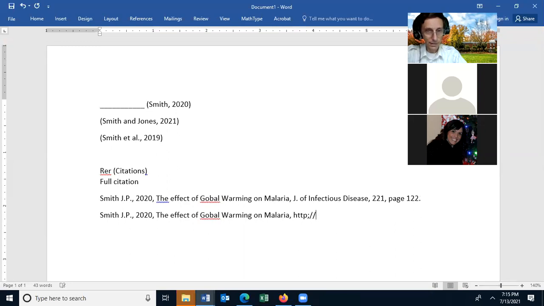That's not quite right, but you get the idea. www. What's a good one to go? Center for Disease Control.gov. And then we're going to go malaria. And then there's probably a bunch of other stuff in the HTML page. And then end it. Any questions?